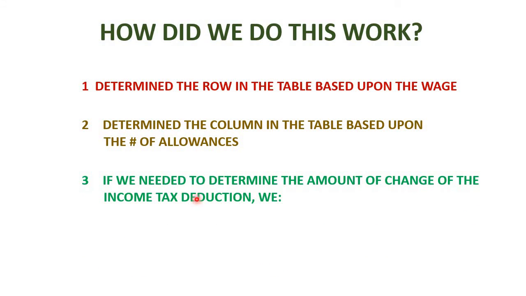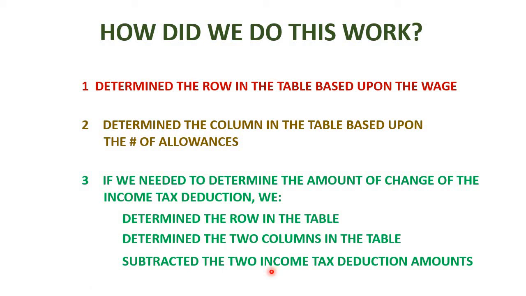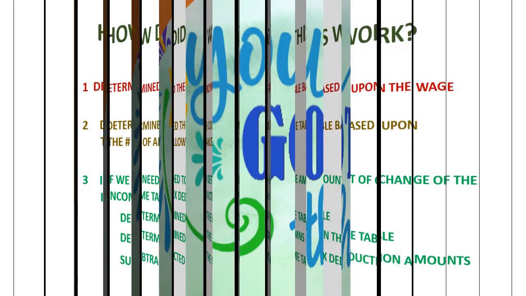However, if we needed to determine the amount of change in the income tax deduction, step one was always to determine the row, but now we needed to determine two columns based upon the number of withholding allowances, and then we would subtract those amounts for the income tax deductions. Those were the steps we were using to determine these answers.